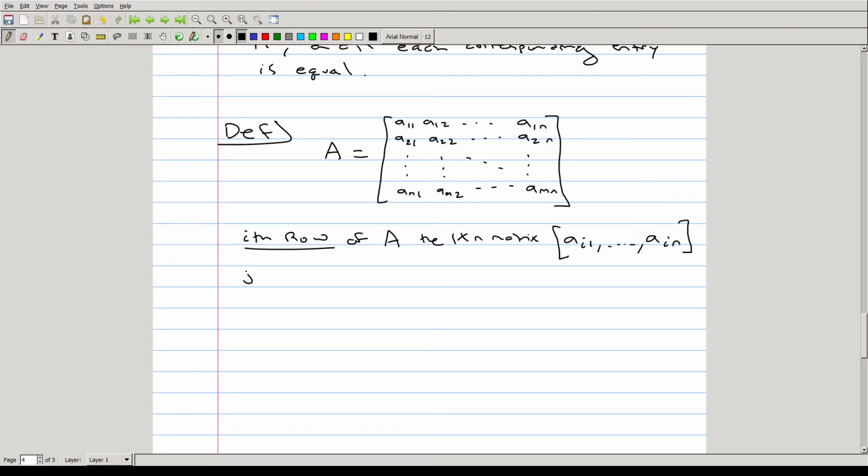And the jth column of A is an m by 1 matrix consisting of A1j, A2j, and so on and so forth, all the way to AMJ.